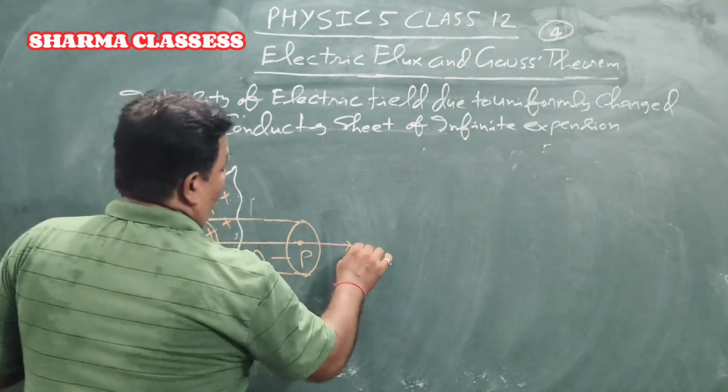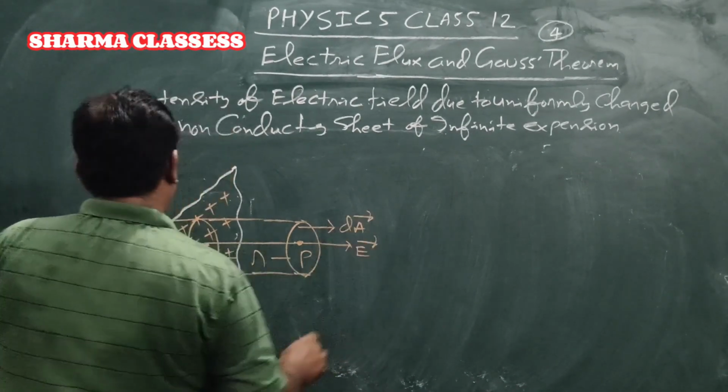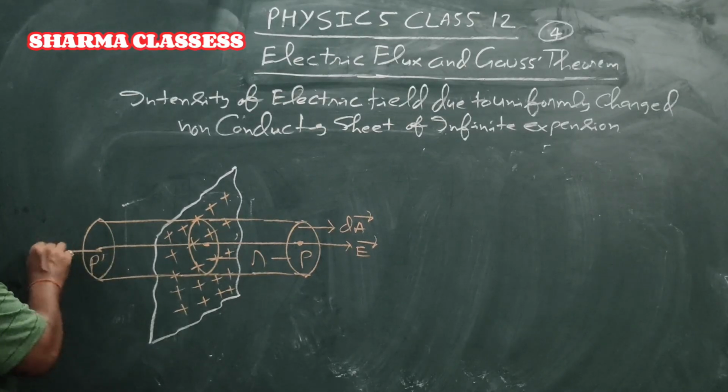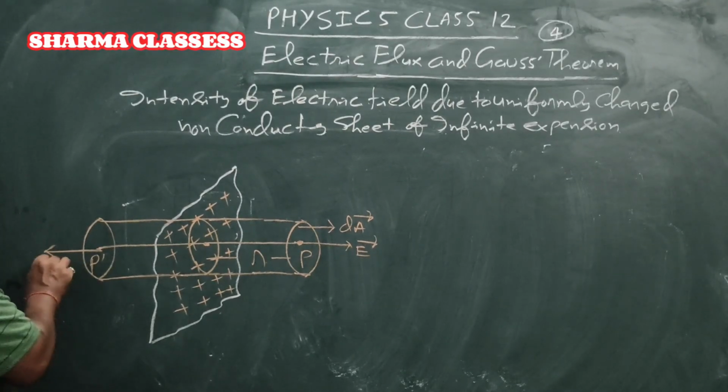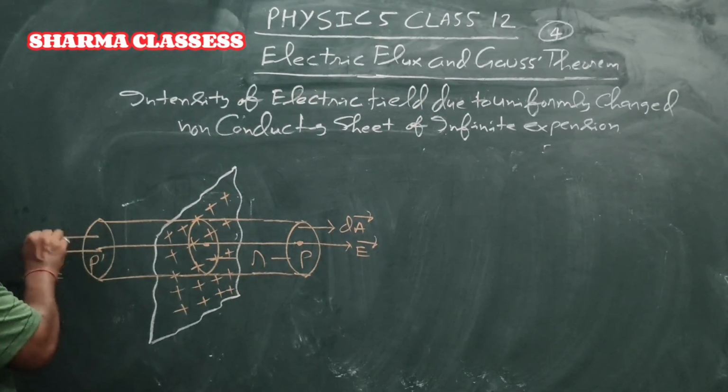The direction of the E vector is this, and the direction of the dA vector is this. The electric line of force comes out, and the area vector is perpendicular to the surface.